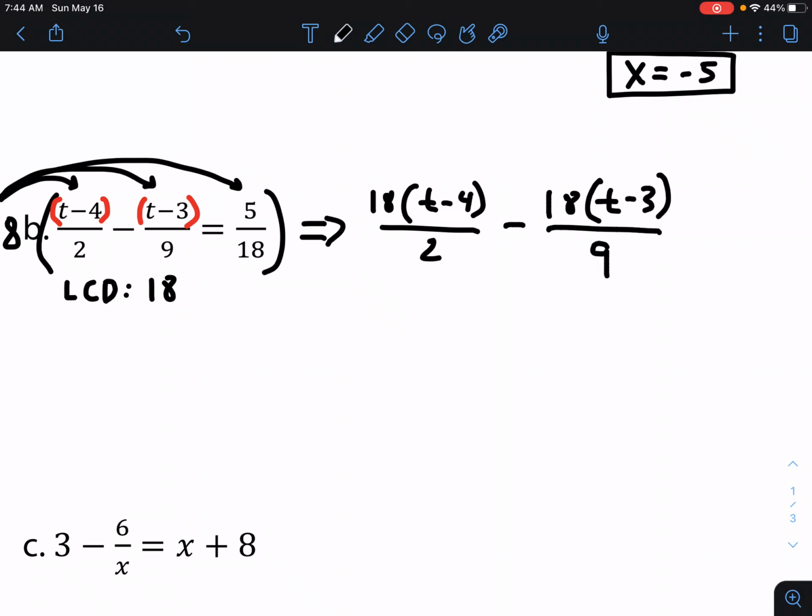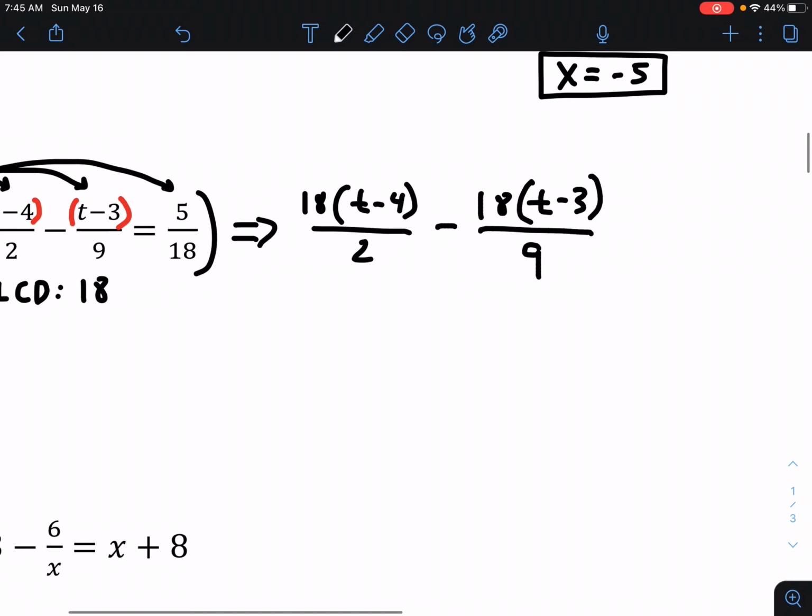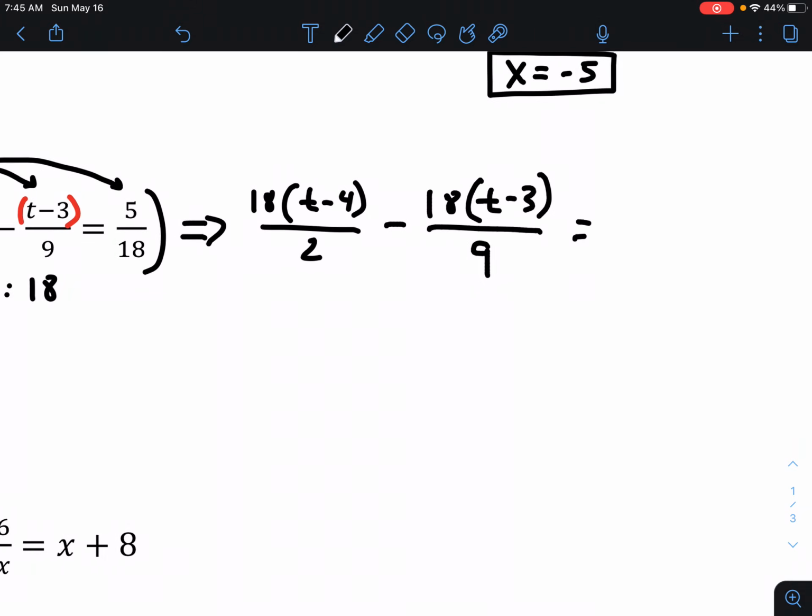I know you're tempted to distribute the 18, but don't do it because we're going to be able to simplify that 18 before we have to distribute it. Okay, and then we have 18 times 5. And this one I'm just going to write as 18 times 5. I'm not going to actually multiply 18 and 5 because this is kind of like that last one where we can just cancel that 18 and it's going to be just a 5 left when we do that.